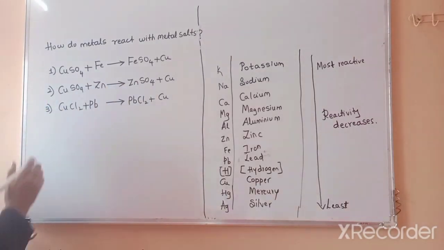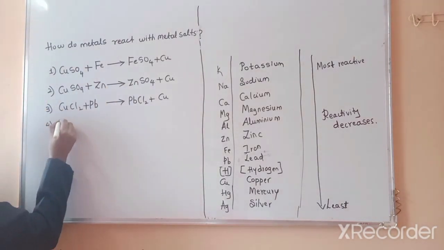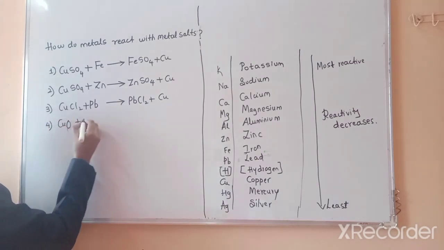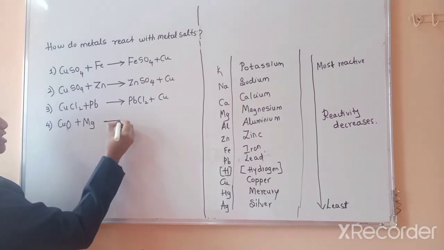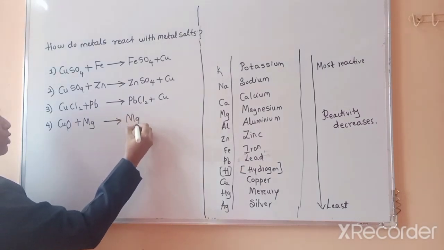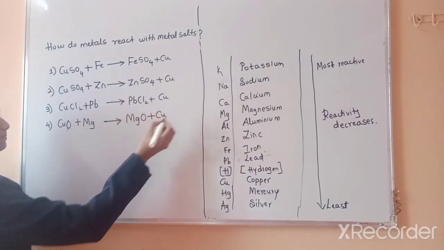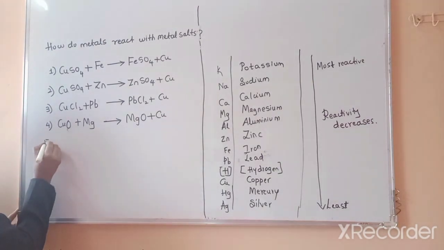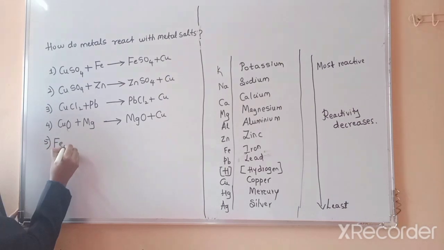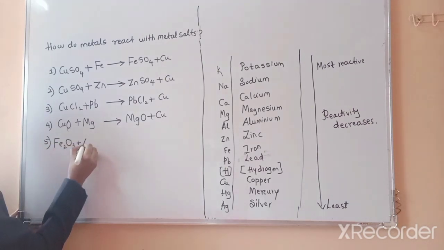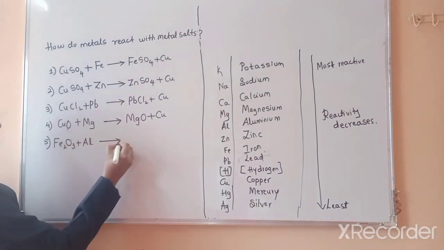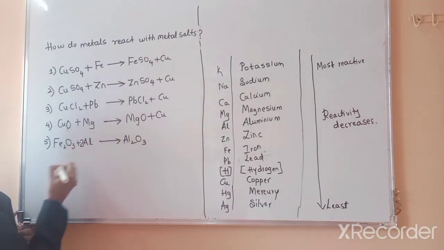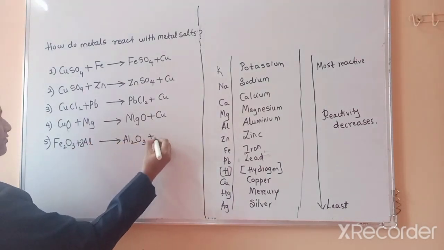Then when magnesium had been put in a copper oxide solution, we got magnesium oxide with copper. Similarly, in the iron oxide solution, when we dip aluminium, we got aluminium oxide along with Fe.